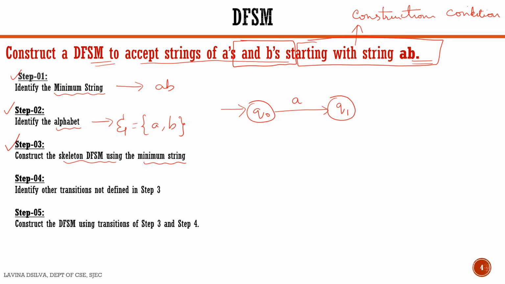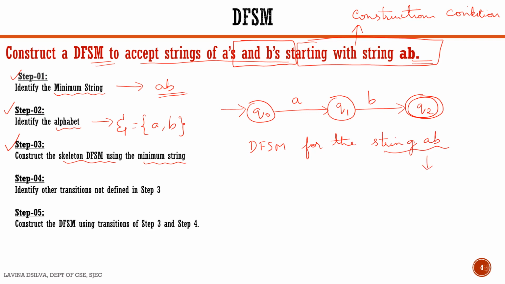On state Q1, we give the second input symbol, and on receiving B, Q1 goes to state Q2. With this, we come to the end of the input string. Therefore, Q2 is our final state. And this is the DFSM for the string AB, and AB is the minimum string of this DFSM.